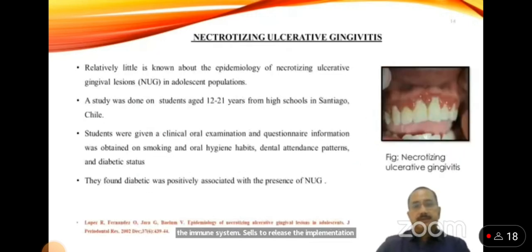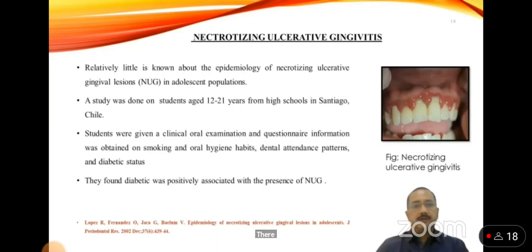There is necrotizing ulcerative gingivitis, which is also a type of gingivitis; relatively little is known about the epidemiology of necrotizing ulcerative gingivitis lesions in the adolescent population.